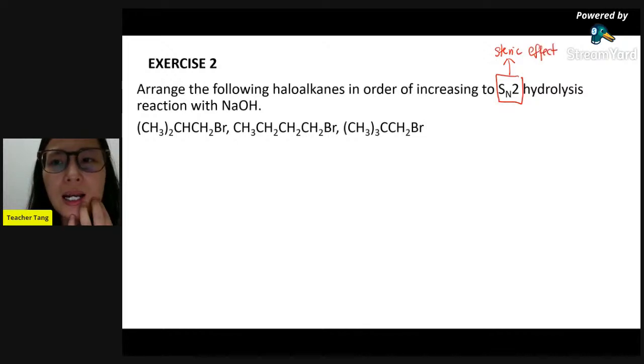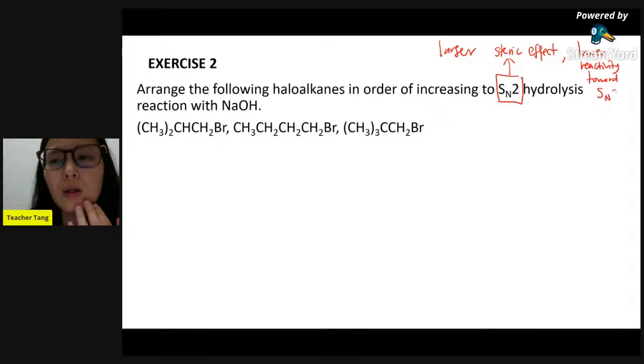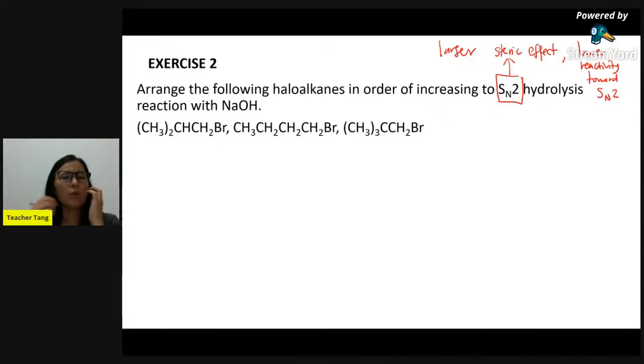So remember, larger steric effect, lower reactivity towards SN2.